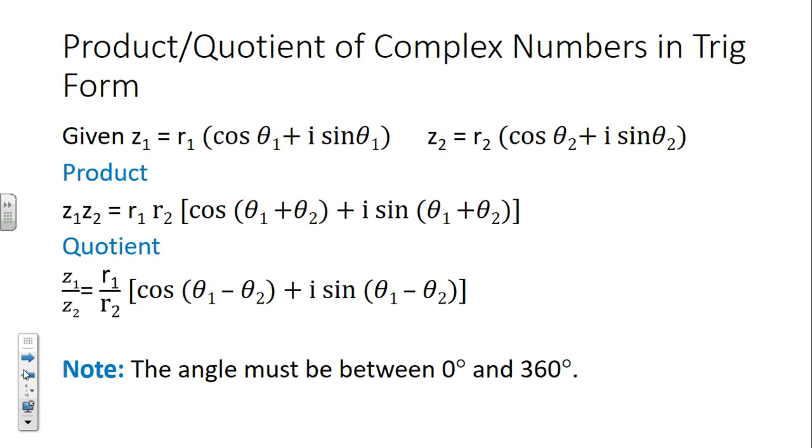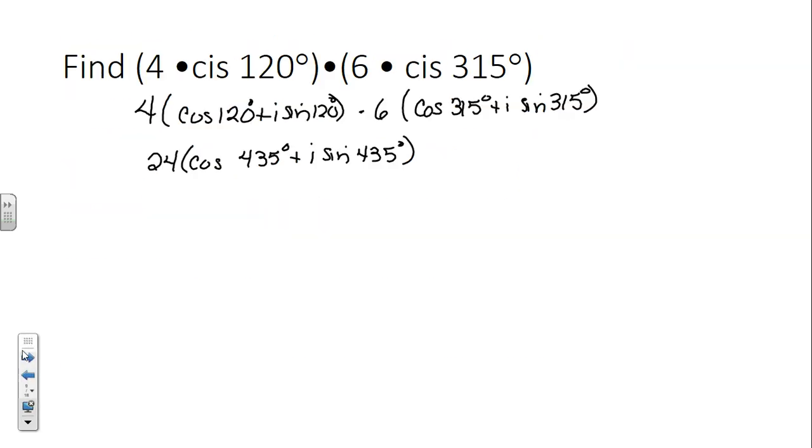Theta has to be between 0 and 360. So if we take a revolution off, we subtract 360 from it, and we get 75 degrees. So this is 24 cosine 75 plus i sine 75. Make sense?